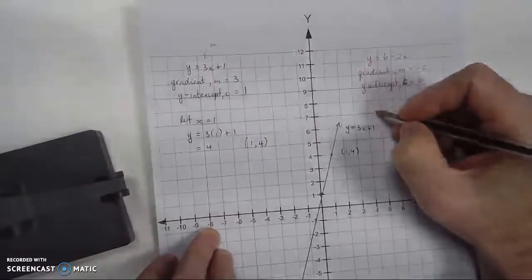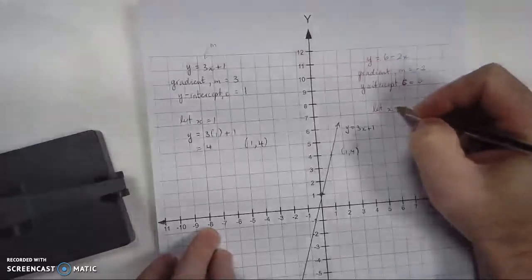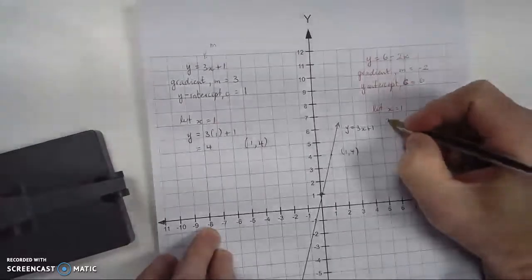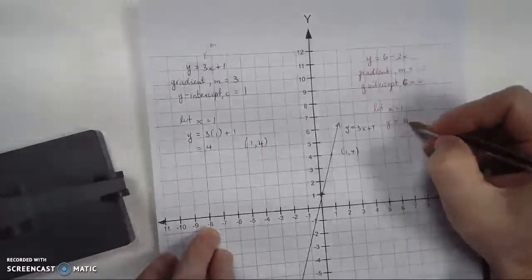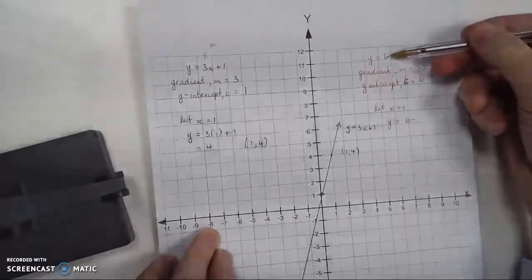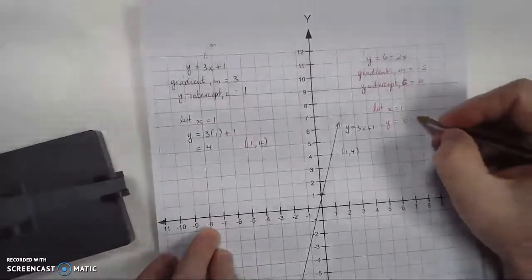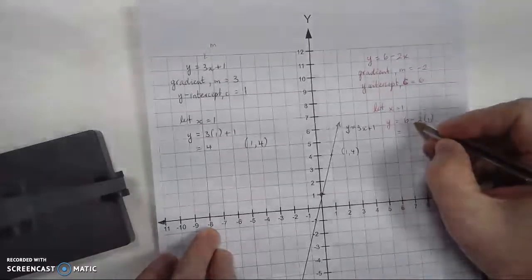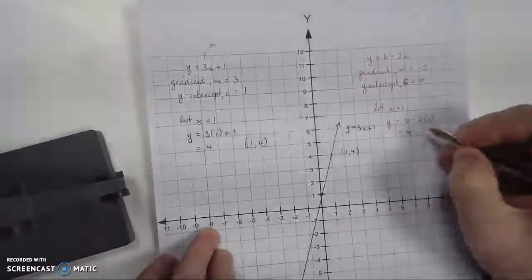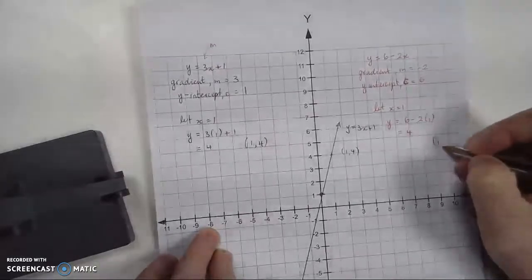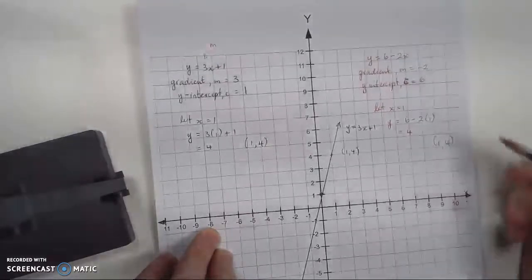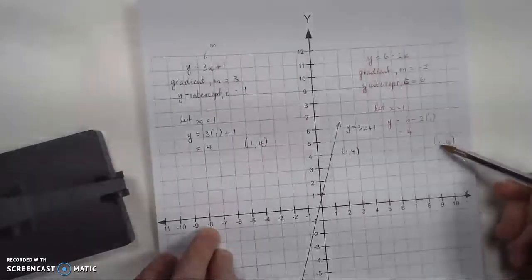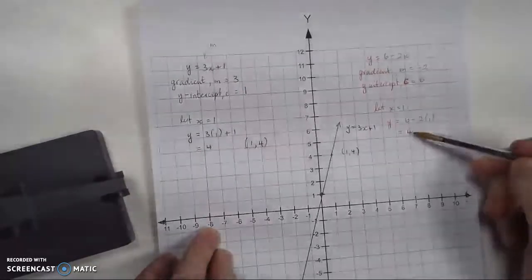And then the next step is we're going to let x equal 1 again and substitute that value of 1 into our original equation. So 6 take 2 lots of x, remembering that x is now equaling 1. So that'll be 6 take 2 is 4. And interestingly enough, and this doesn't always happen, that additional point where x is 1, y equals 4.